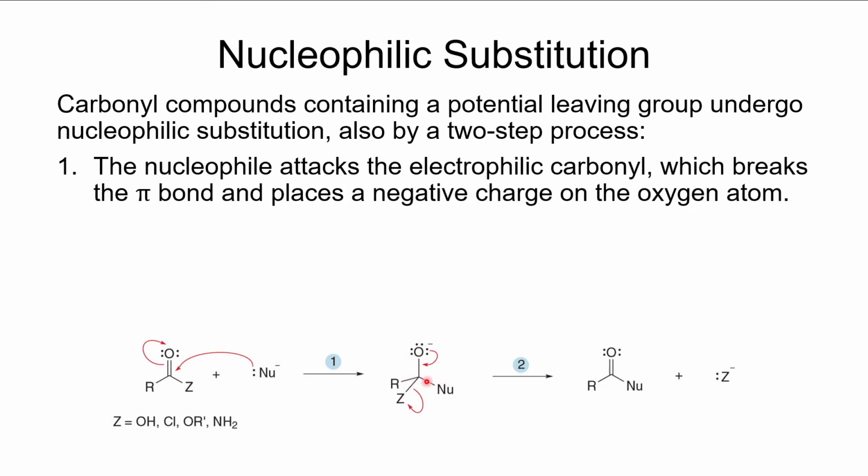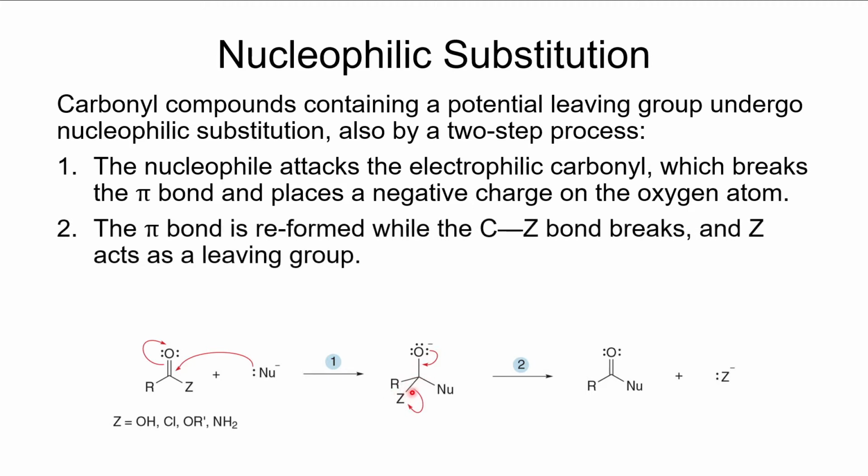In the previous mechanism, that tetrahedral intermediate got protonated. In this mechanism, we have a leaving group, and that leaving group leaves with its pair of electrons, and we reform the carbonyl and get this new compound.